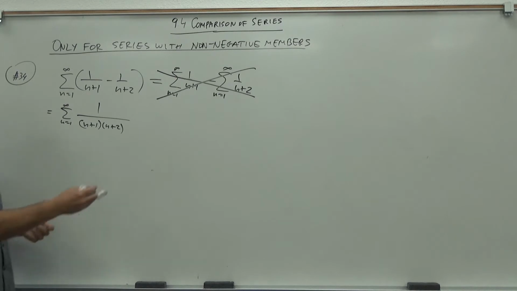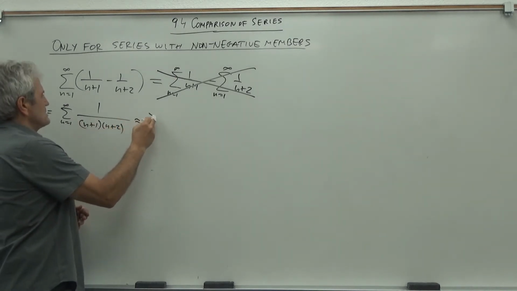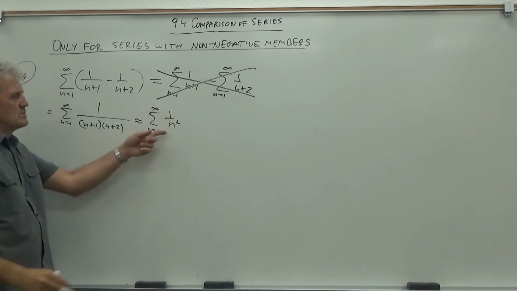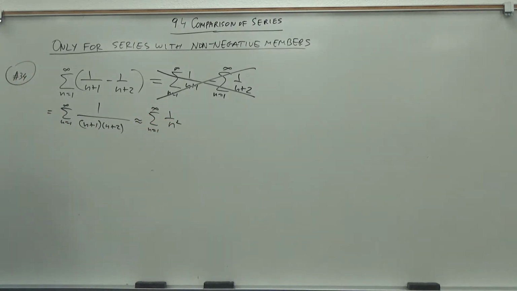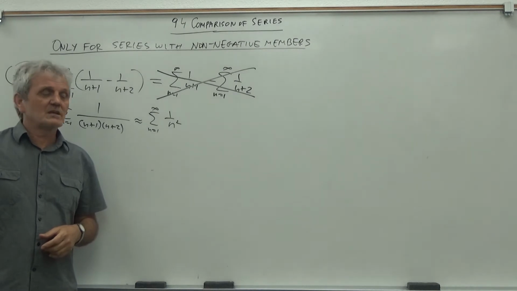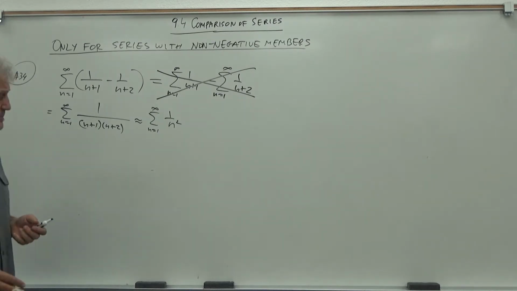I'll rush this because I want to show you something else. This obviously behaves the same way as 1/n squared. If you do limit comparison, you will get that it behaves like a hyperharmonic series. We know from the p-test that this converges. So this converges the way it was originally, if you don't do that bad splitting.